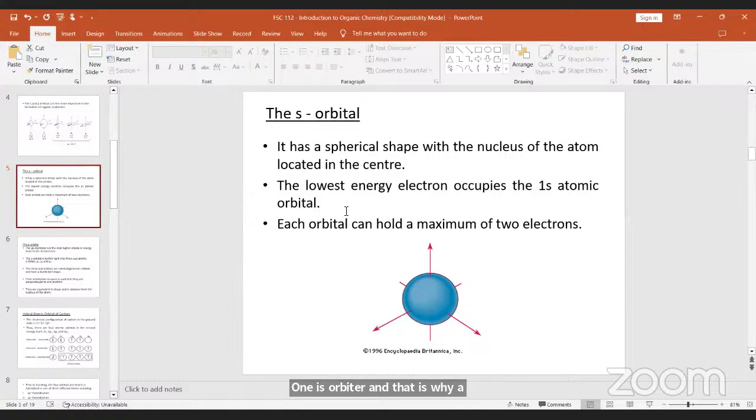When it is filled up, that is, if it now has 2 electrons, any other additional electron will have no choice than to move to the next orbital. So each orbital can hold a maximum of 2 electrons. That is, each s orbital can hold a maximum of 2 electrons.